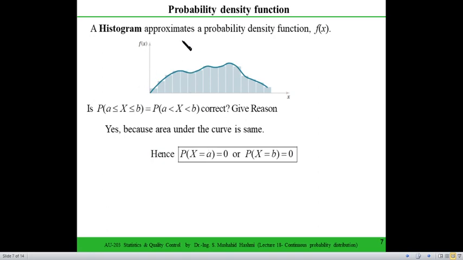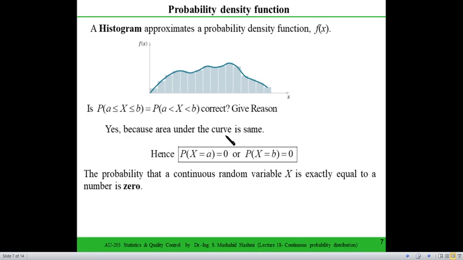So in a continuous probability distribution, the probability is always over a certain interval, and the area under the curve of that interval represents the probability. There is no point in representing the probability at a particular value. You always need to denote probability in the interval from x1 to x2, or a to b, any interval. Okay, so this fact we have learned.